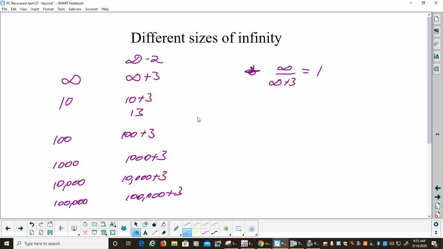Just imagine infinity. Infinity is ginormously huge. You can ignore a number that's being added to this, and just think of it as infinity over infinity, which is worth 1. That's when you're adding or subtracting something from it. So if I had infinity minus 2 over infinity, that's really just worth infinity over infinity, which is worth 1.